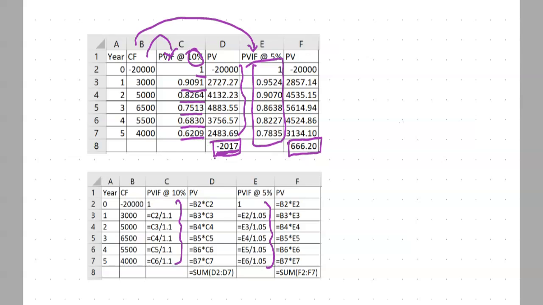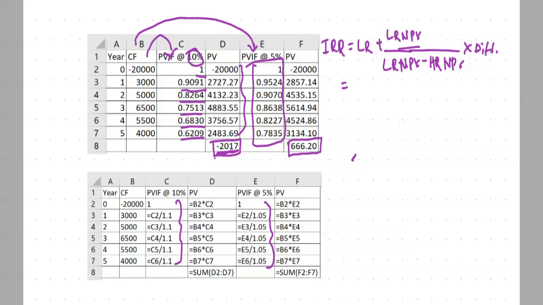So to get the IRR, we use the following formula: IRR is equal to lower rate plus lower rate NPV divided by lower rate NPV minus the high rate NPV, multiplied by the difference in the rates.